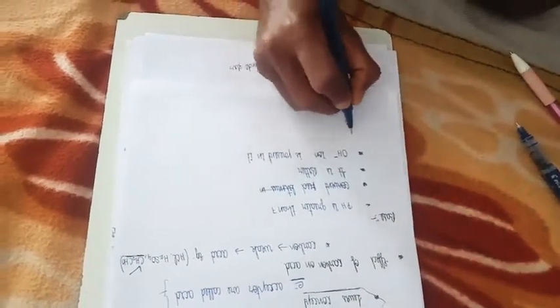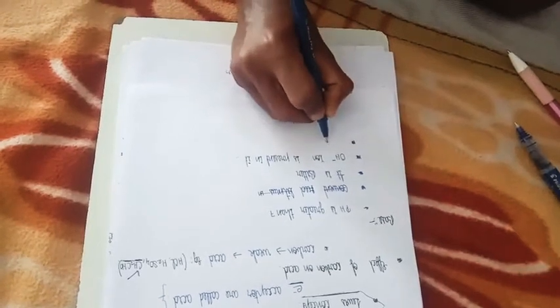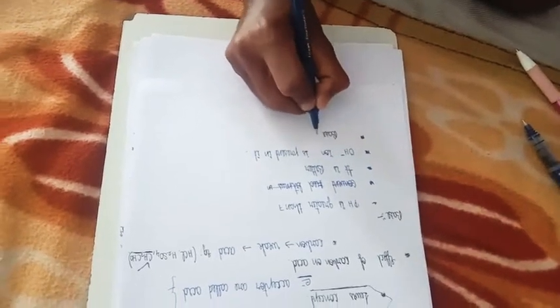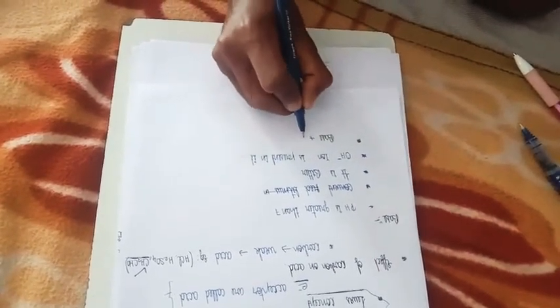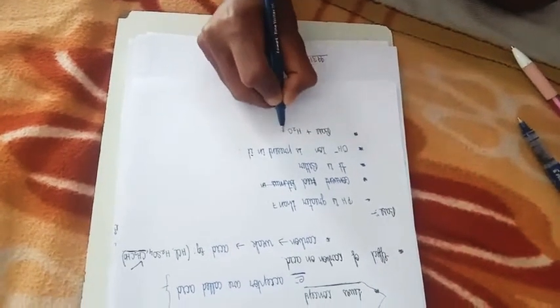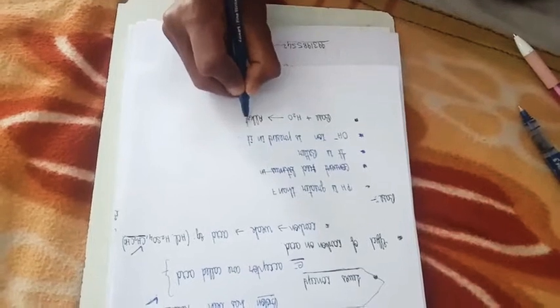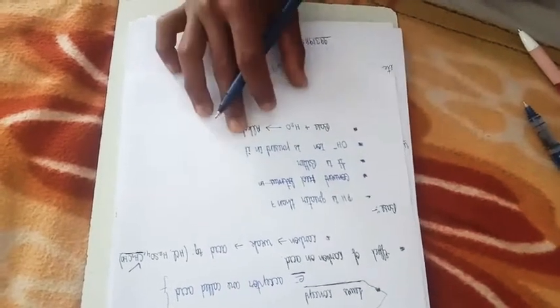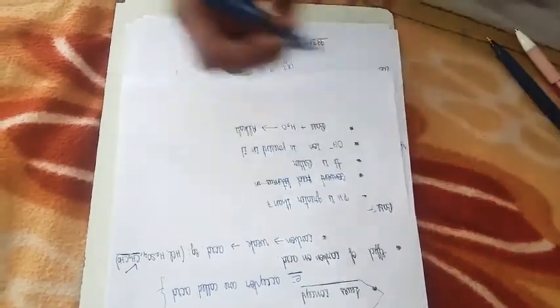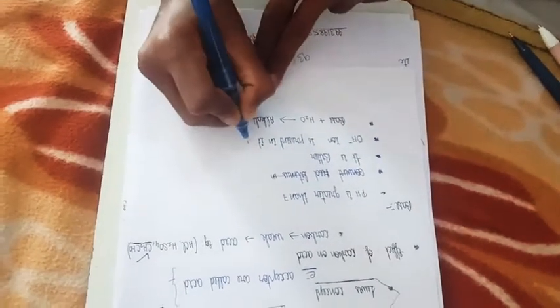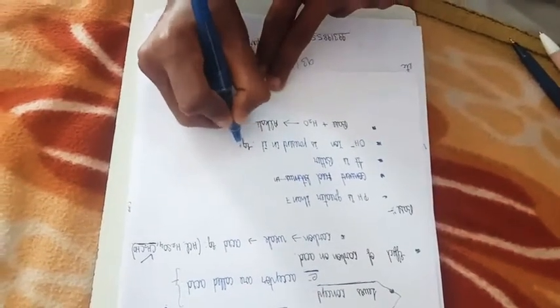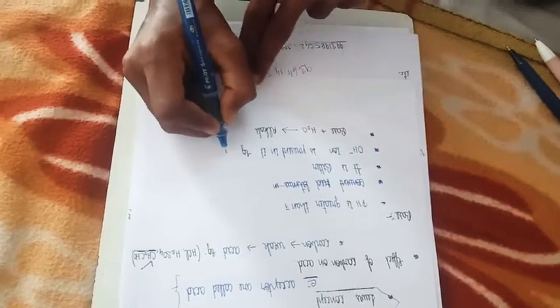For base, we take an example of a reaction: base plus water gives alkali. We should take an example of OH minus ion.